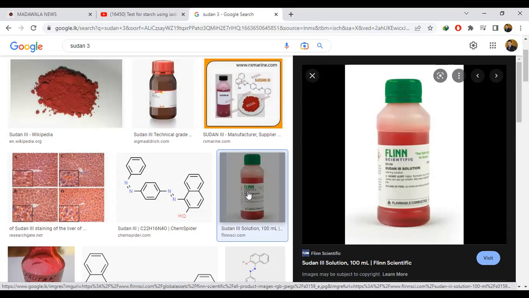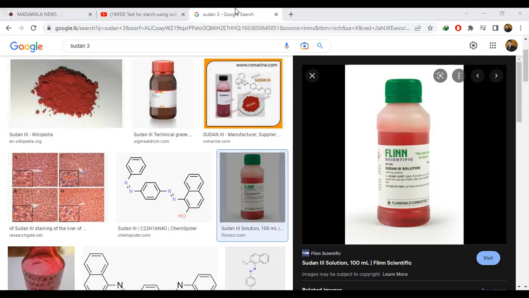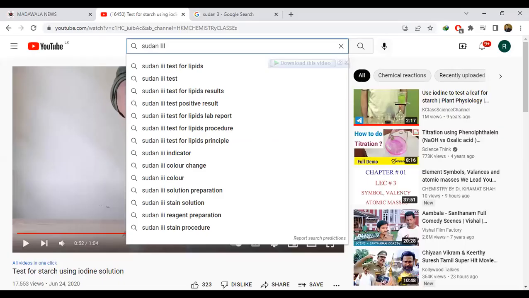So what we do is we dissolve it in pure ethyl alcohol. In which material? Ethyl alcohol. That is how this solution is prepared. After preparing that solution, you can go for the test.